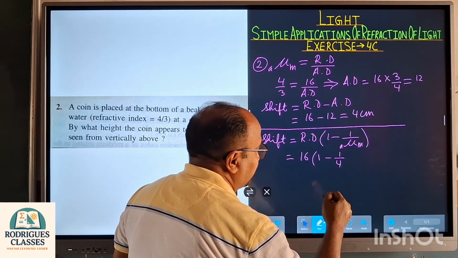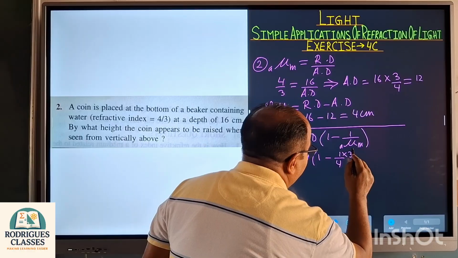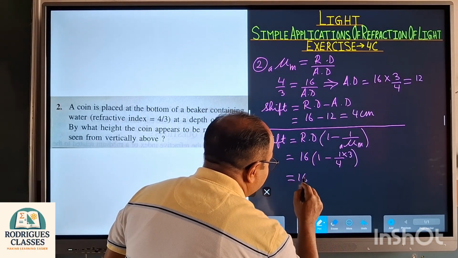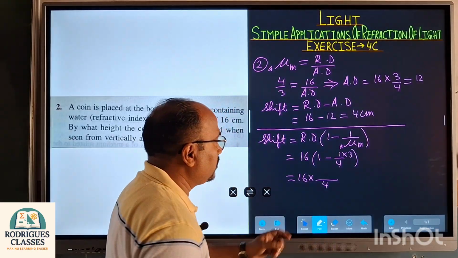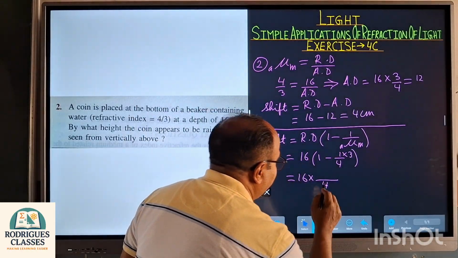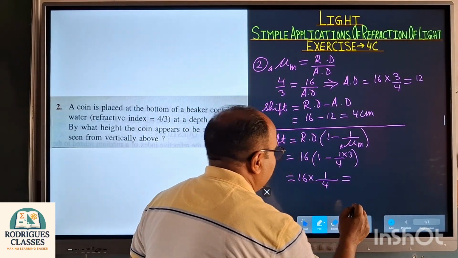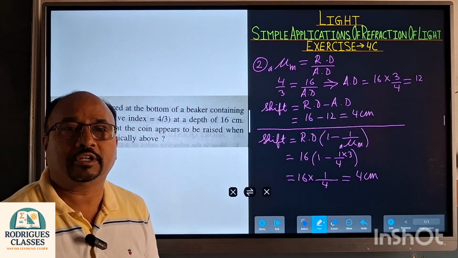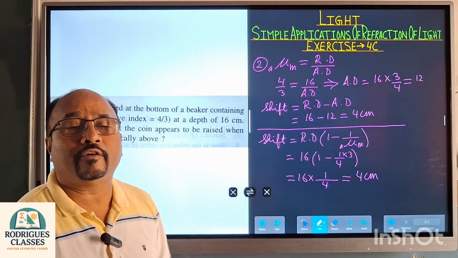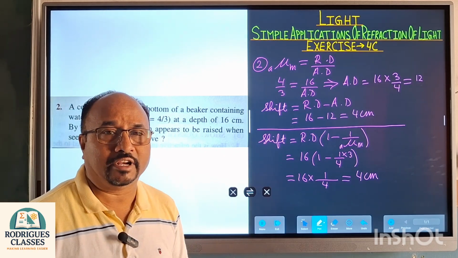So 1 by 4, that by 3 will come to the numerator. So you get 16 into, so LCM will come as 4, 4 minus 3 will give you 1, and so now reducing it, you will get that shift as 4 centimeter. You can use any of the method which you find it convenient.